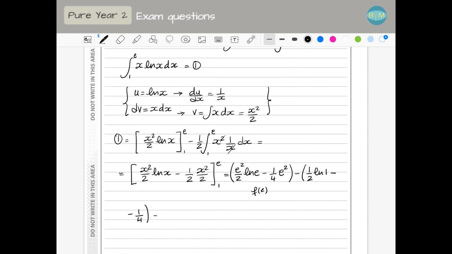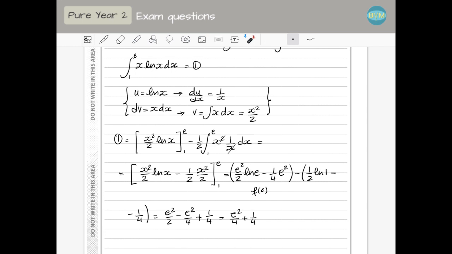And this is going to be, ln e is 1, so I have e squared divided by 2 minus 1/4 of e squared, or e squared divided by 4, just to be consistent in the writing. E squared divided by 4 minus ln 1 is 0. This minus with this minus becomes plus 1/4. So plus 1/4, which means I have 2 minus 1, 1 e squared divided by 4 plus 1/4.